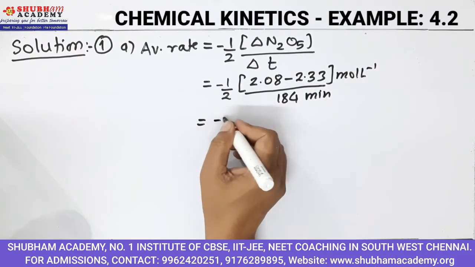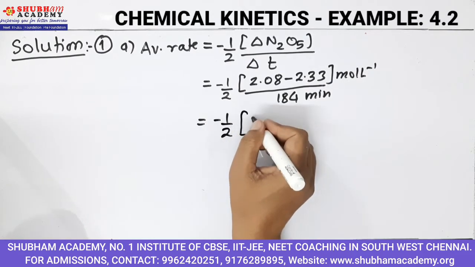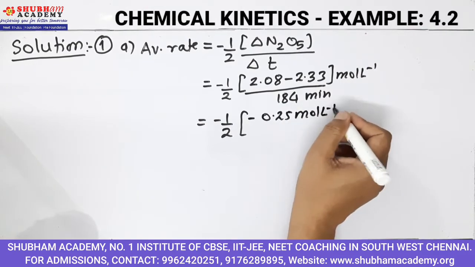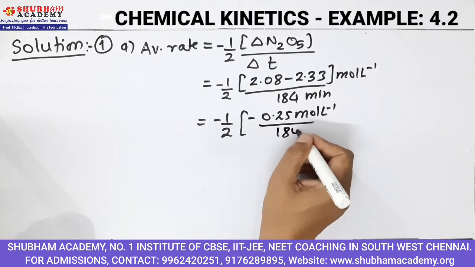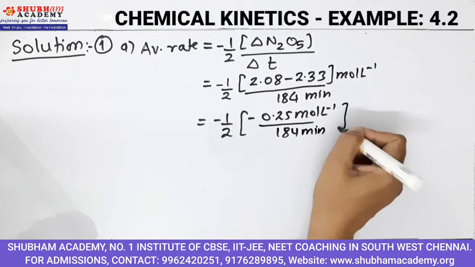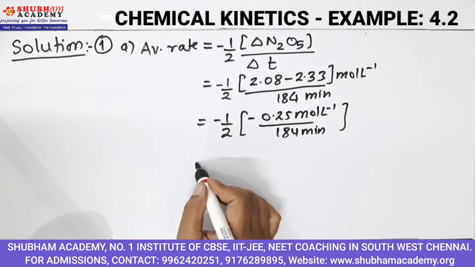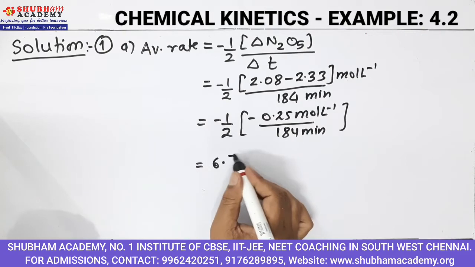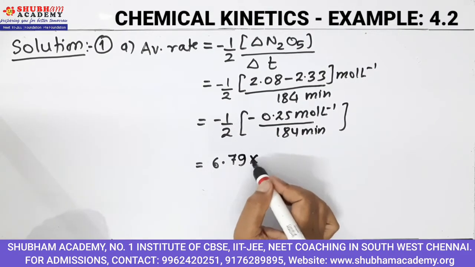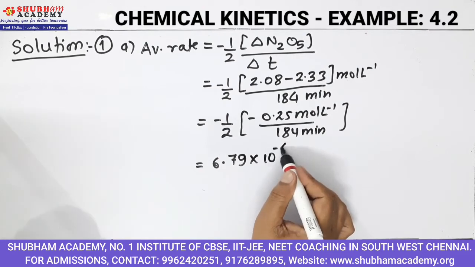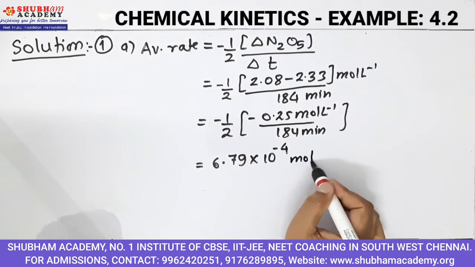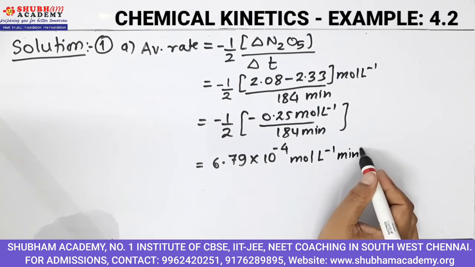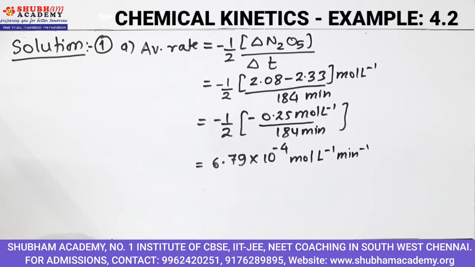So, if you simplify this, you will get minus half and minus 0.25 mole liter inverse divided by 184 minute, right. So, on simplification of this, you will get this minus minus cancelled. So, 6.79 into 10 power minus 4 and unit is mole liter inverse minute inverse, right.